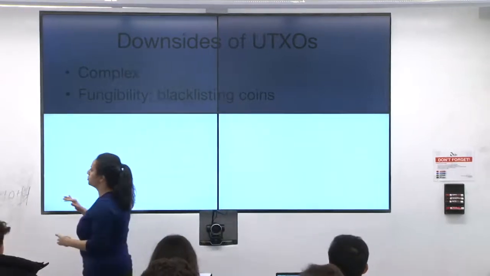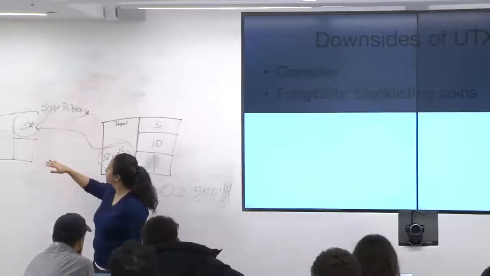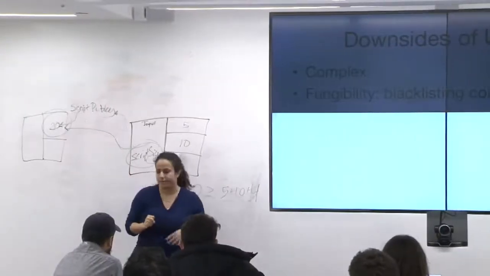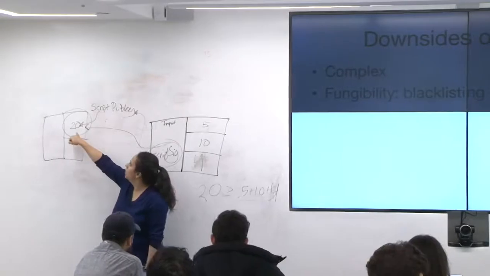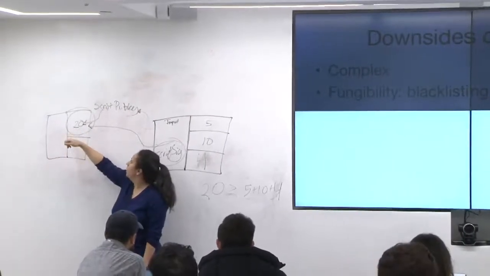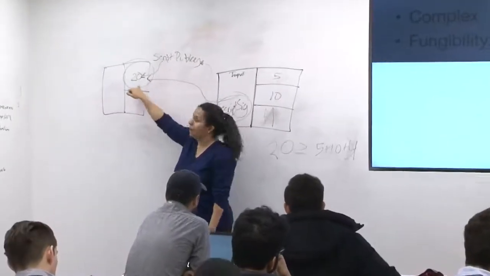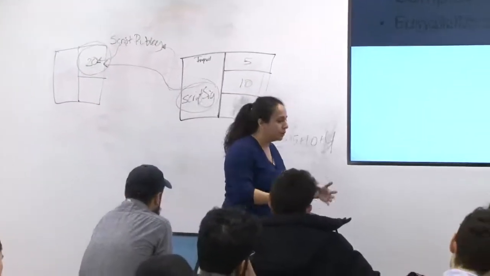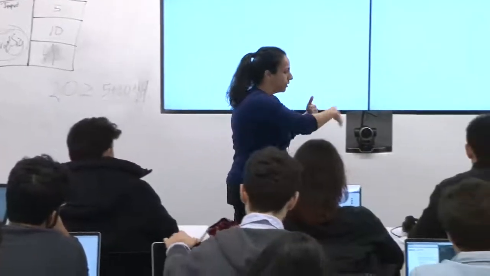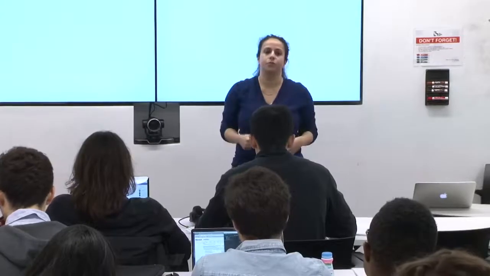So in addition to the transaction graph problem, you kind of lose this aspect of fungibility in the sense that, let's say that I know that for whatever reason, these coins came from, let's say, a terrorist or something like that. You then know exactly where those coins are going, and you can kind of see the chain of transactions that come off of those coins.